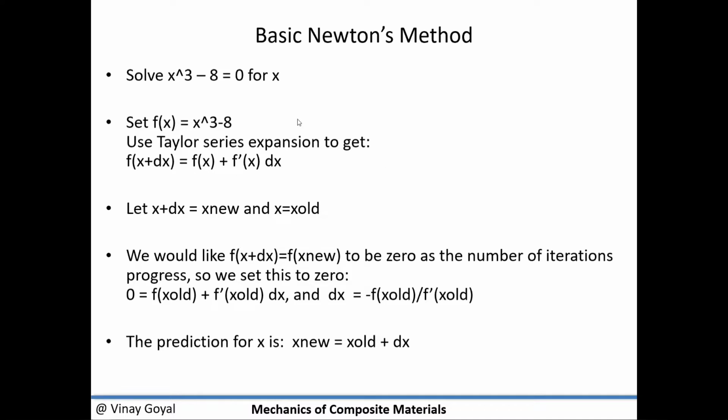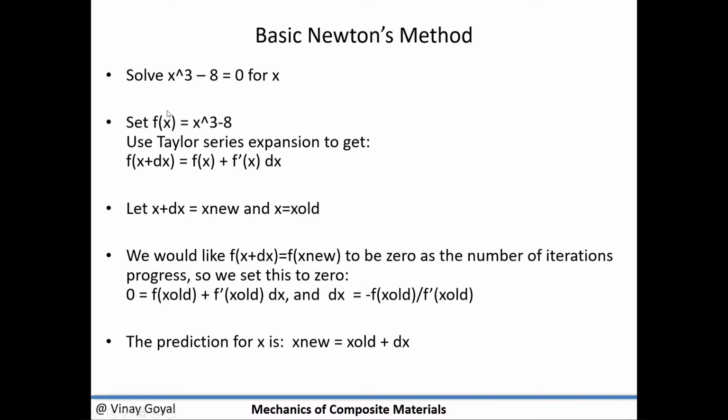So the idea then is to set this to a function f(x) and then find x such that f(x) is 0. So we know x equals 2 is a solution, but we want to be able to do that numerically somehow. To accomplish this, what we can do is assume x is a guess, but that's near the solution.